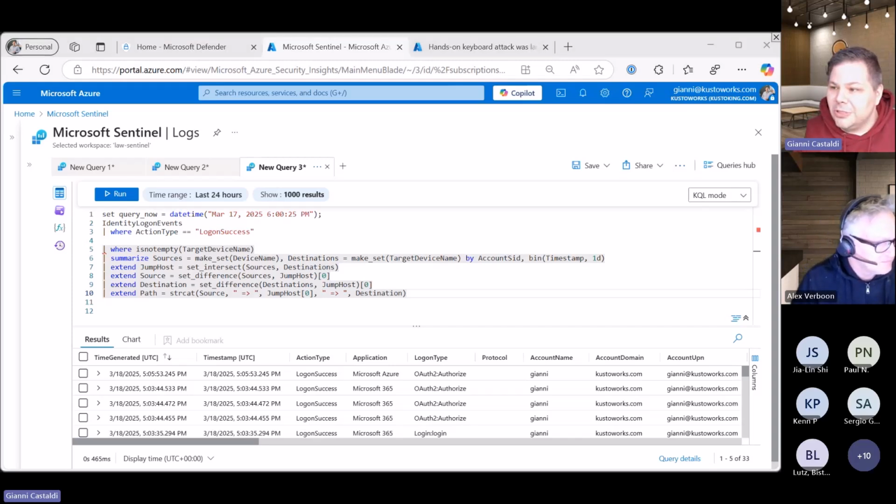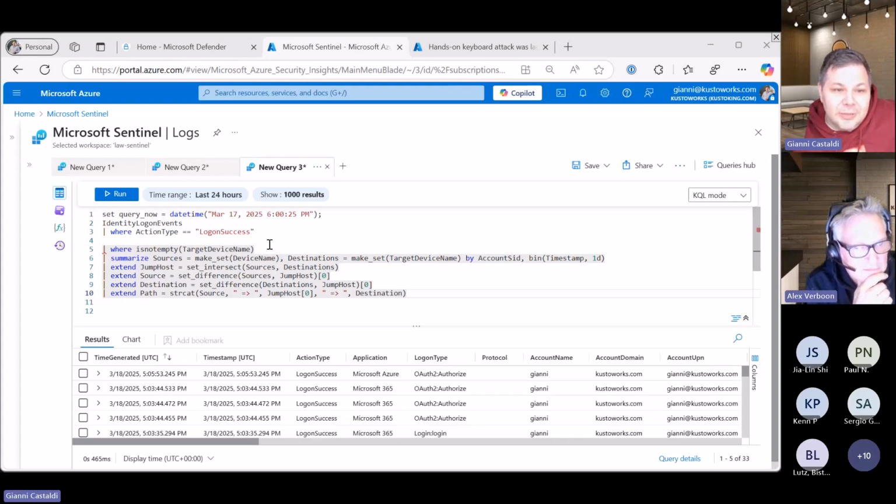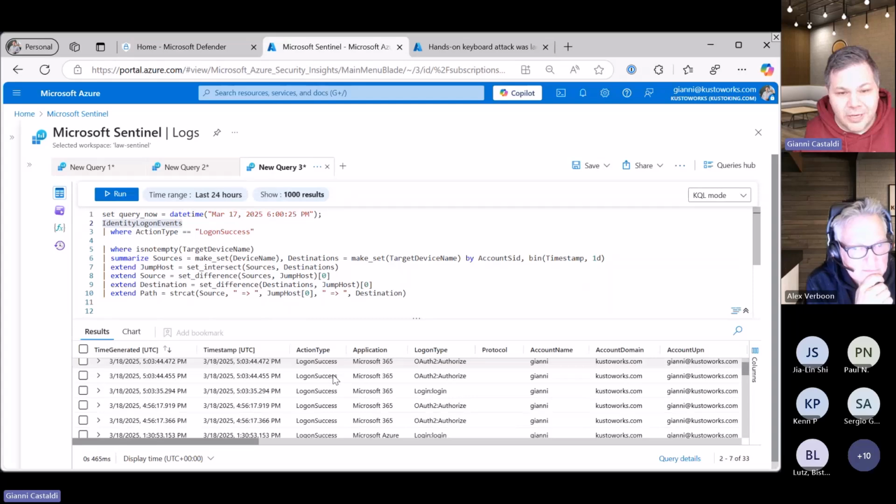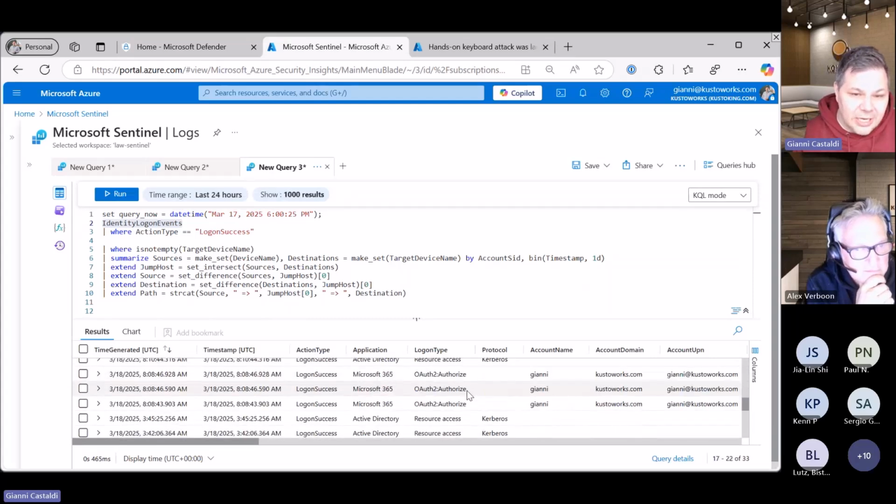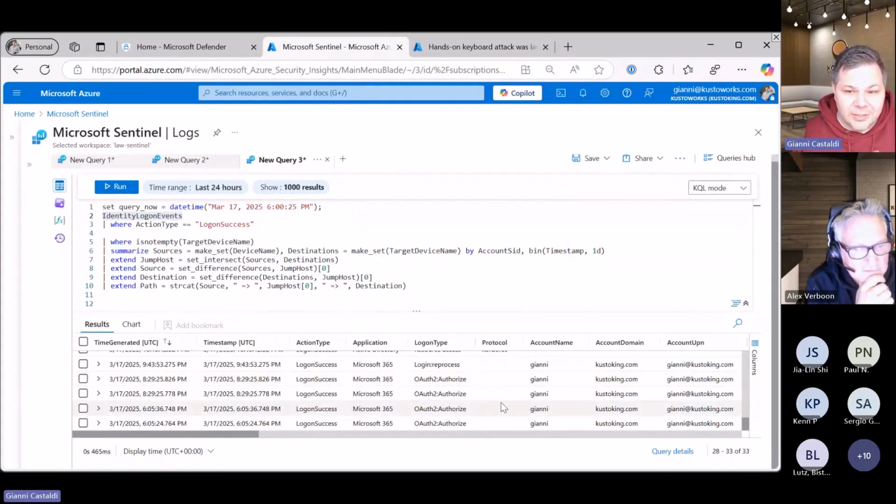So what we did was I wanted to make a query out of that. You have the identity logon events, and you also have the device logon events. Those two tables you can use to play around with. But for now I chose this one, and over here you can see we scroll down back to yesterday.